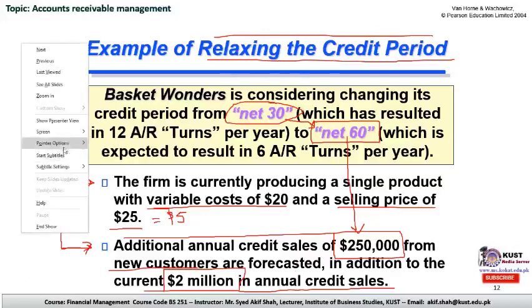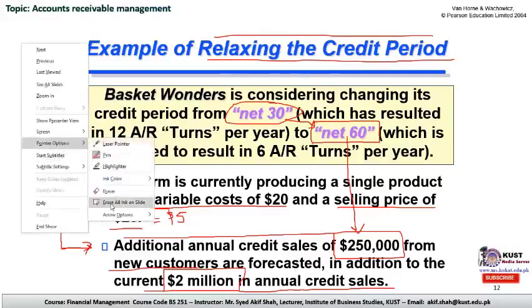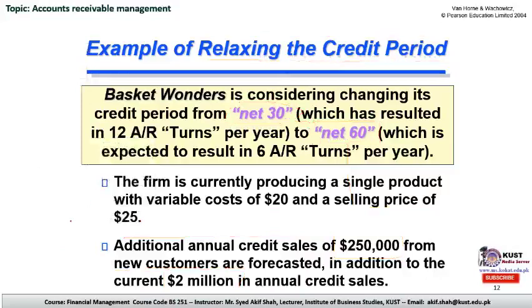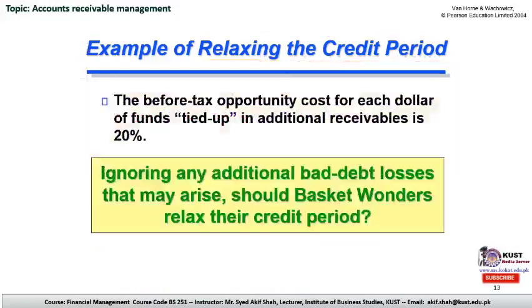So let's move ahead with further auxiliary details or information to find out the profitability and cost trade-off. Additionally, we have been given the data that the before-tax opportunity cost for each dollar of funds tied up in the additional accounts receivable is 20%.